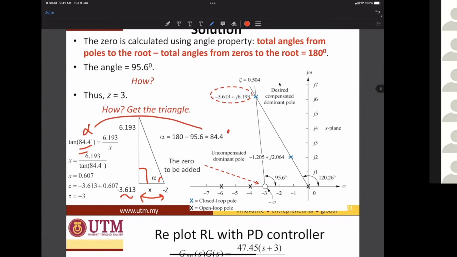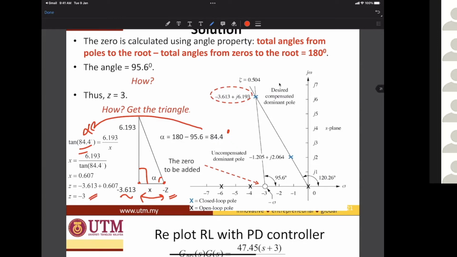Kita masukkan kat sini, okay. So x sama dengan 6.193 divided by tangent 84.4, which is 0.607, the distance between these zeros and the real part. So kita tolakkannya, -3.613 plus 0.607, so kita dapatlah nilai z2, which is at -3.